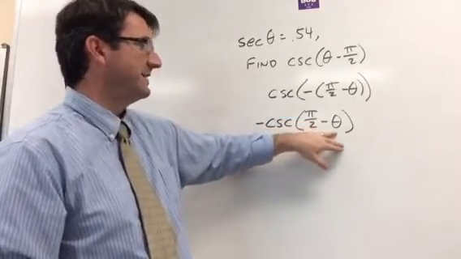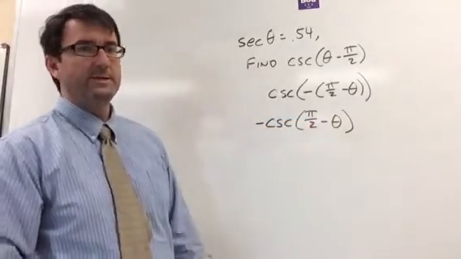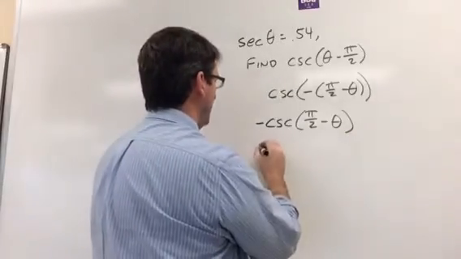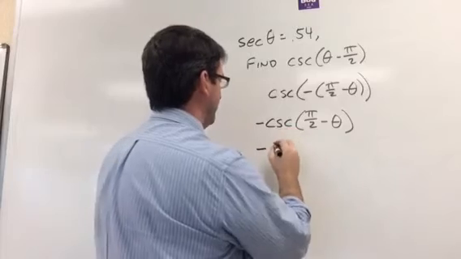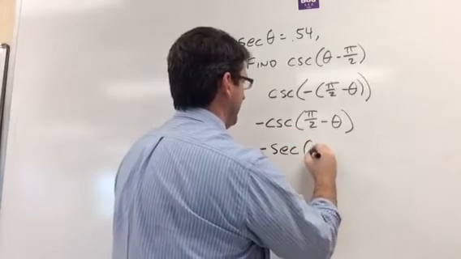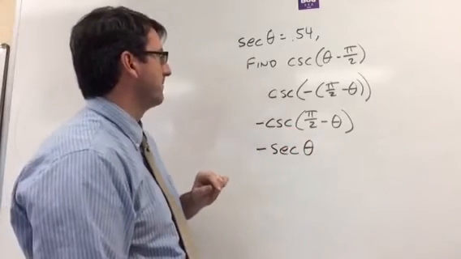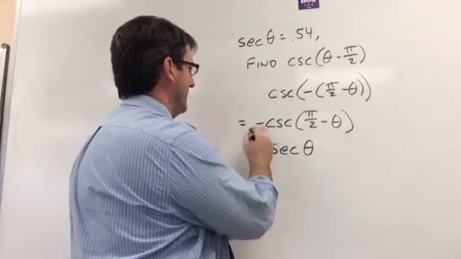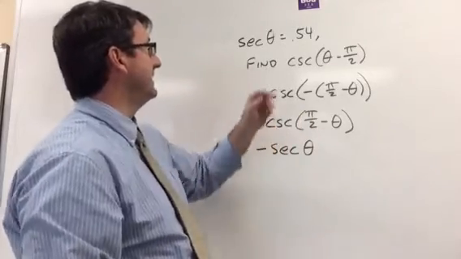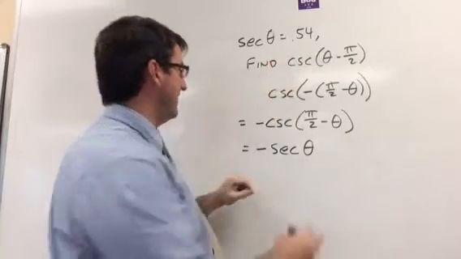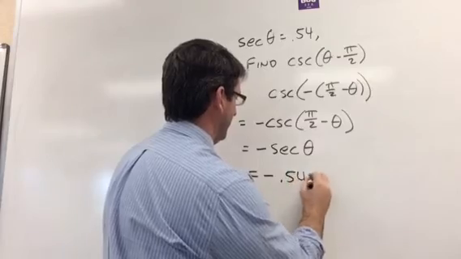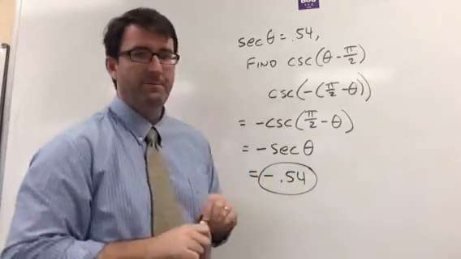Cosecant of pi over 2 minus theta is equal to secant of theta. So we'll just replace this with negative secant of theta. And secant of theta is 0.54, so our answer is going to be negative 0.54. All right?